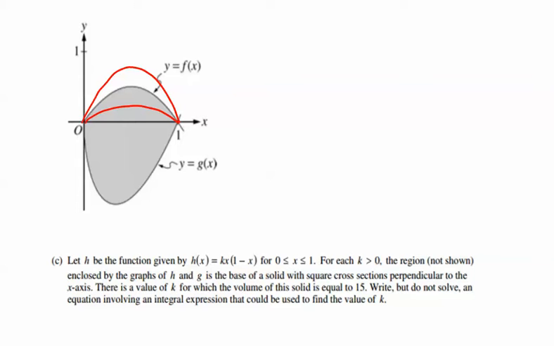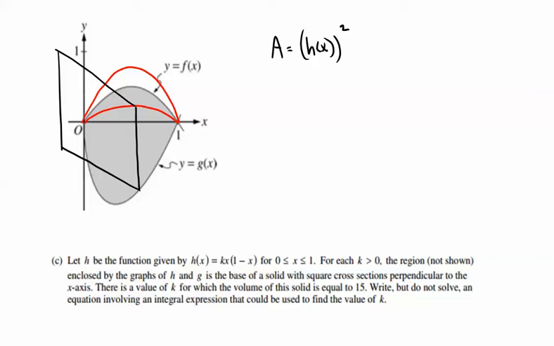So all we need to do there is set up a square. We're going to take a particular strip between the two curves, and that's going to become the side of the square. All the other sides will have exactly the same length, which means the square will have an area of h of x quantity squared, correct?